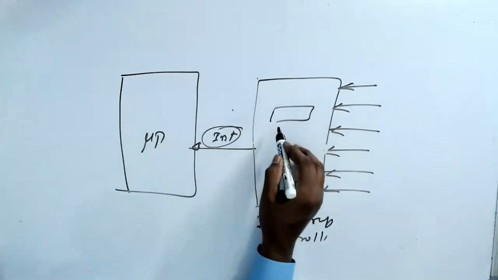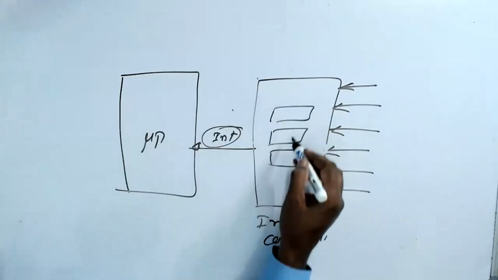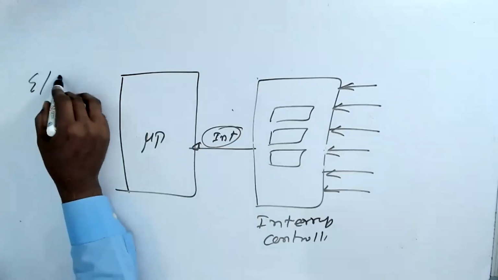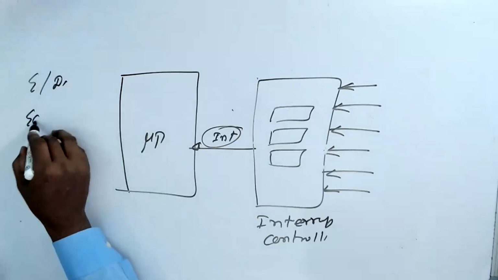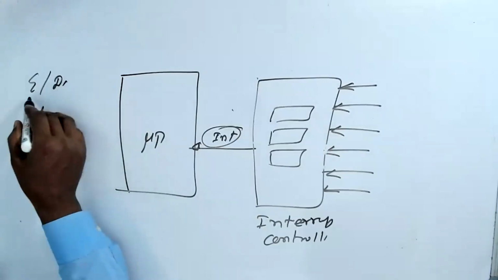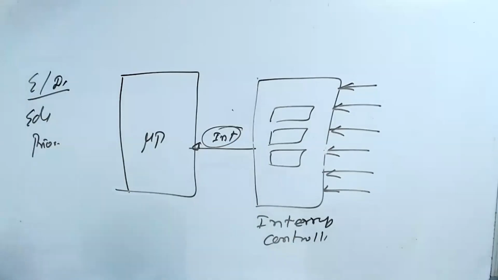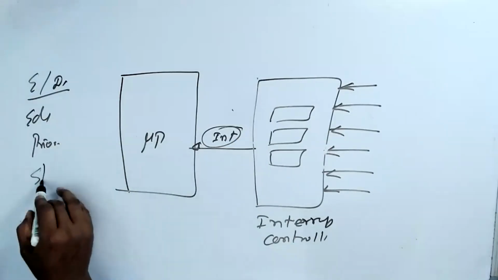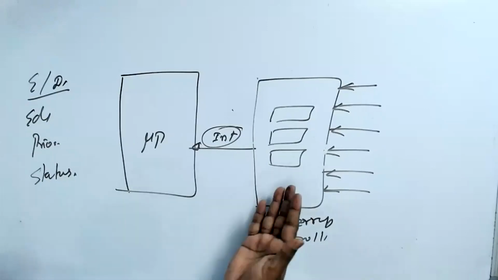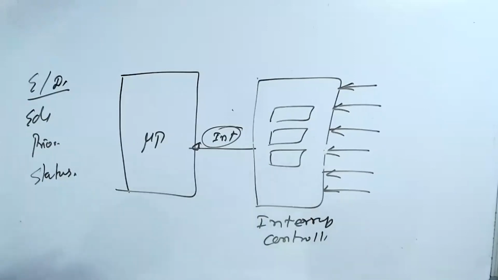You have so many registers to control so many functions, as we discussed: enable or disable, edge, priority. Masking is called enable, disable, and then the status. So many things are there with the help of the interrupt controller.